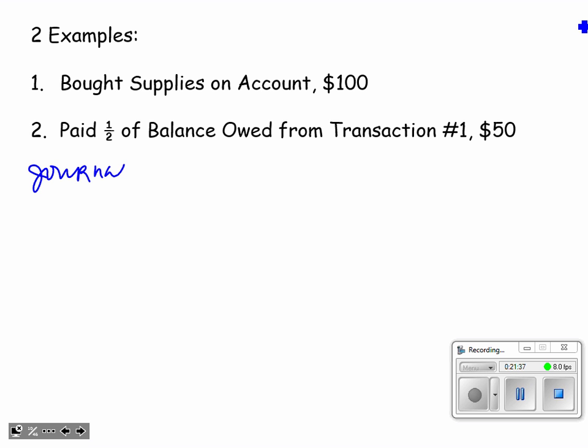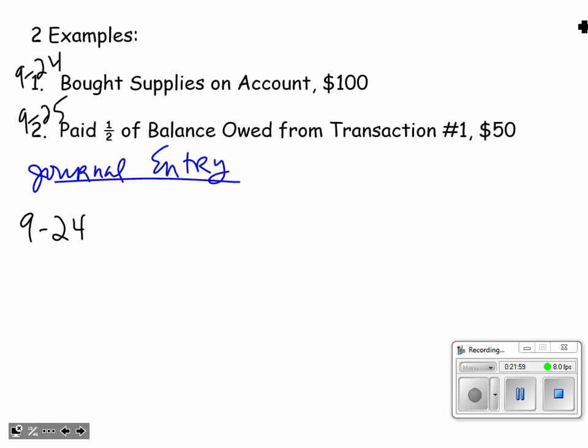Here's what a journal entry would look like. Let's say this happened on 9/24 and this happened on 9/25. So we'd put the date in, 9/24. What always gets listed first, the debit or the credit?